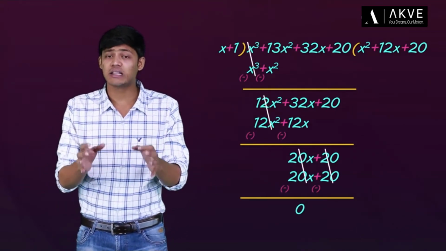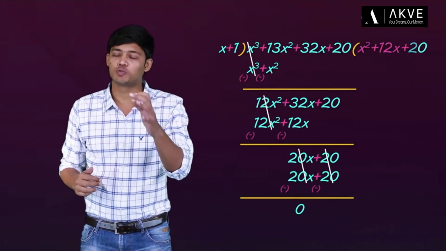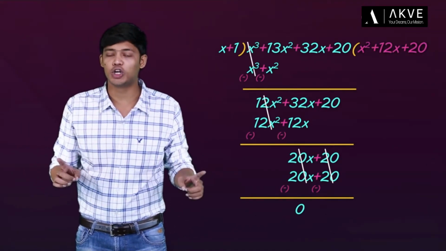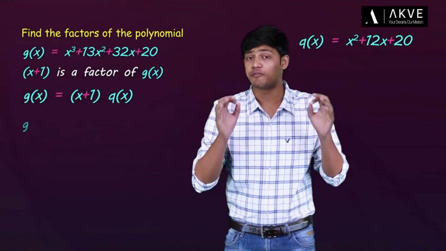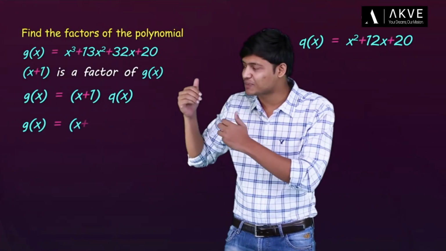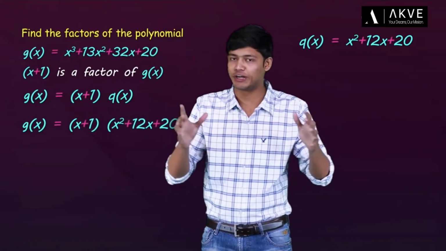So finally, the quotient will be x squared plus 12x plus 20, which is the polynomial q of x. So g of x is equal to x plus 1 multiplied by x squared plus 12x plus 20.